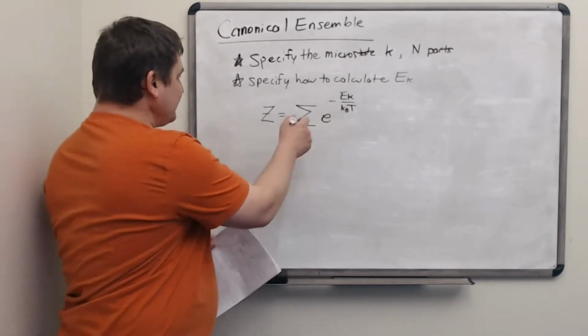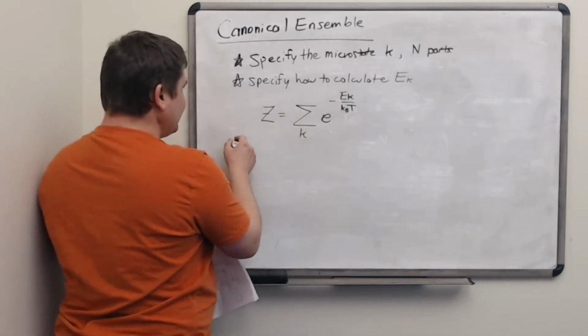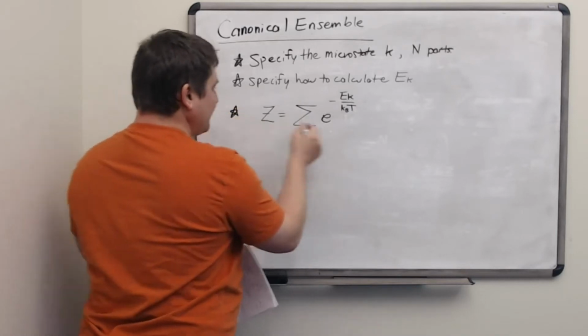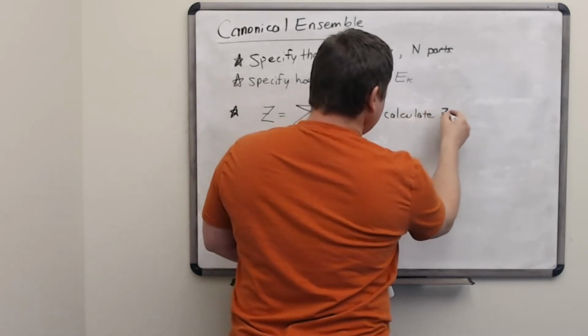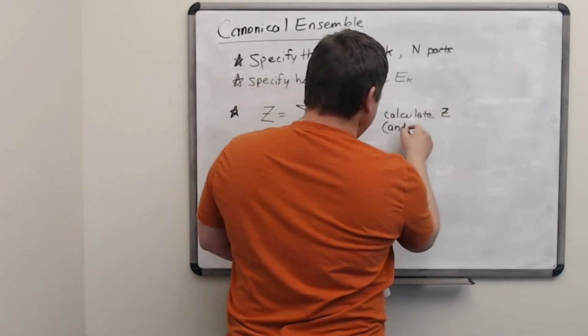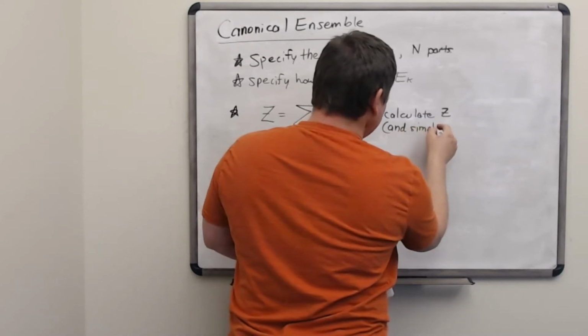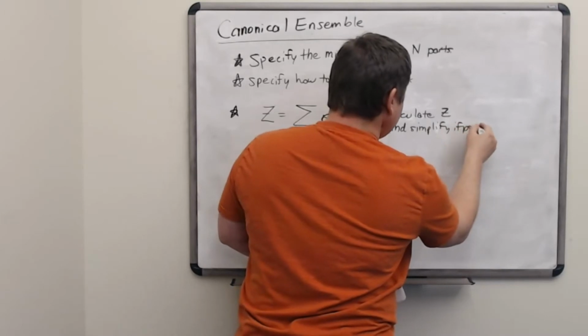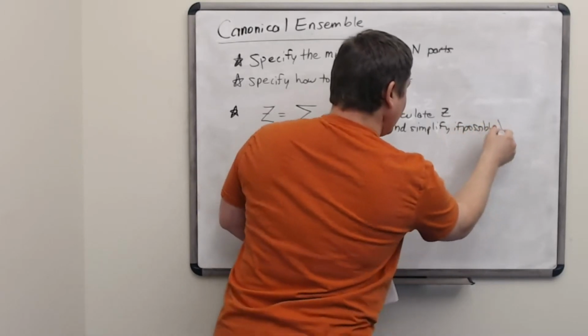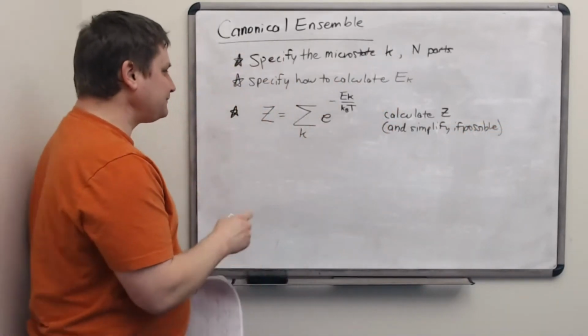But once we get this partition function calculated, that's our third step here: calculate Z, and we suggest that you simplify it if possible, because we have more things to do with it coming up.